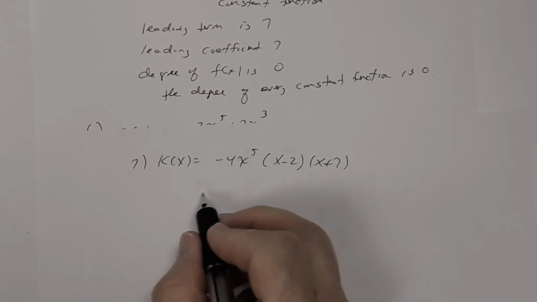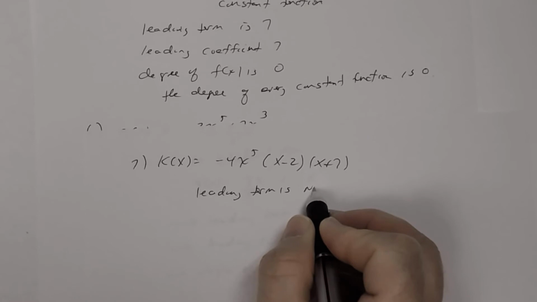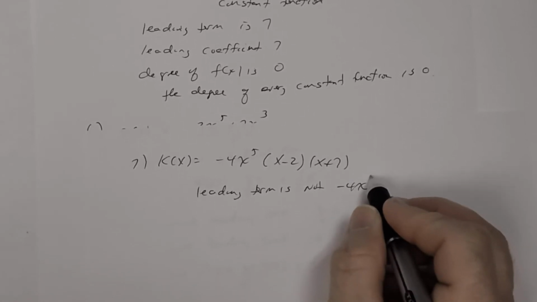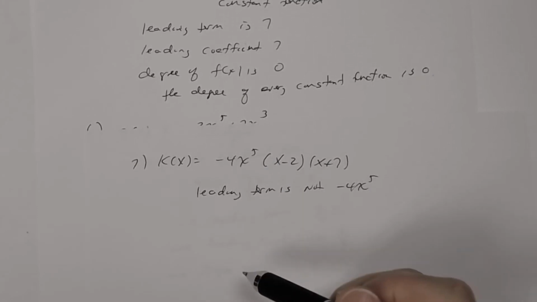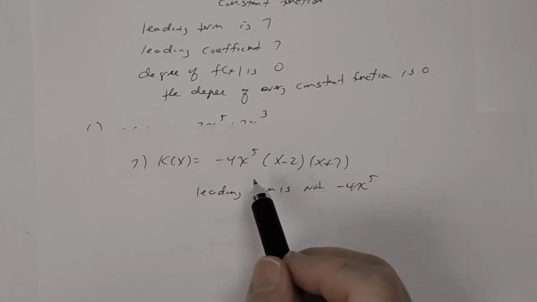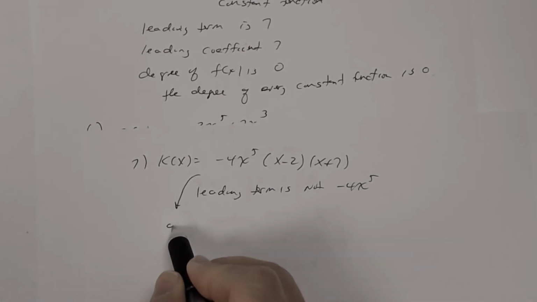That's not true. The leading term is not negative 4x to the fifth. Okay? That is a mistake some people will make. They see this and they think, well, that's the leading term. No, it's not. What I need for you to do is put it in standard form. So write this in standard form.